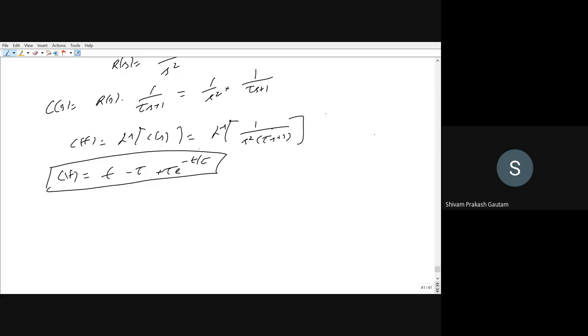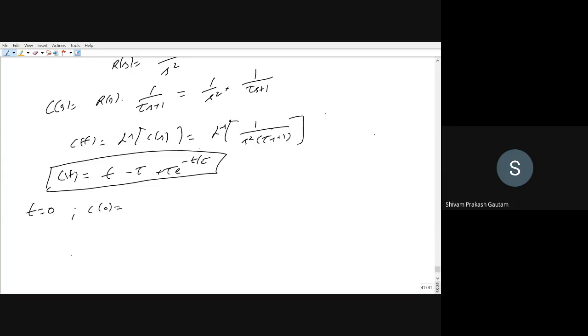So here also, when t is equal to 0, C(0) will be equal to how much? Calculate. Zero.